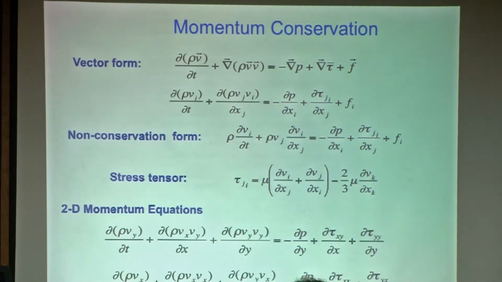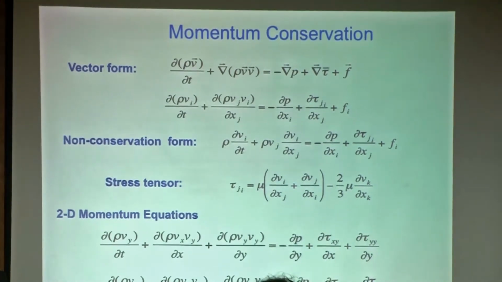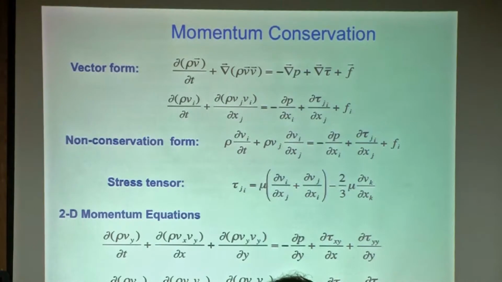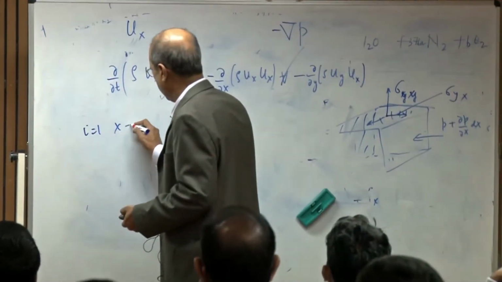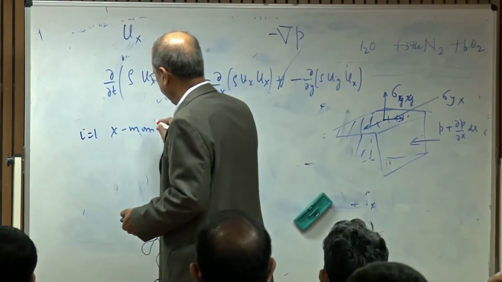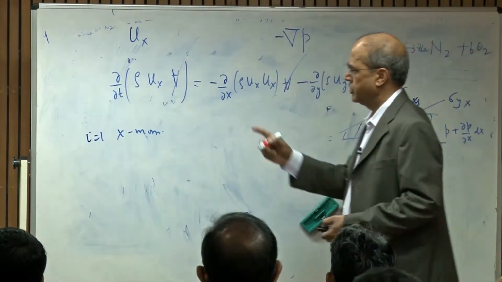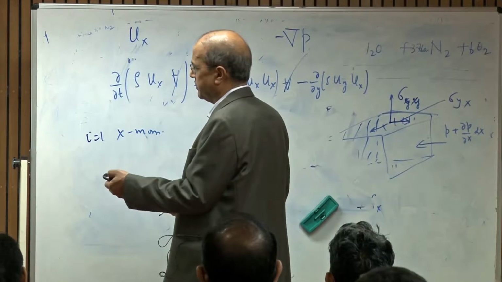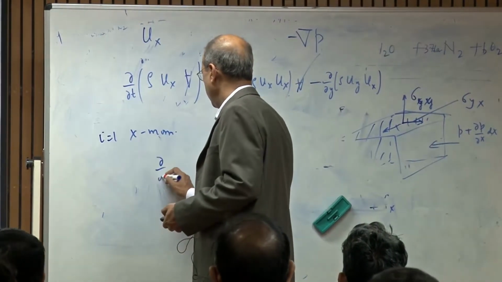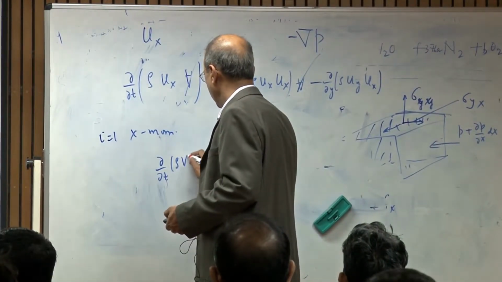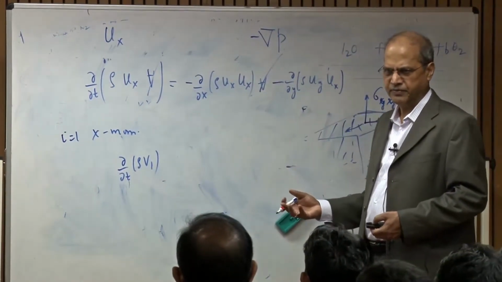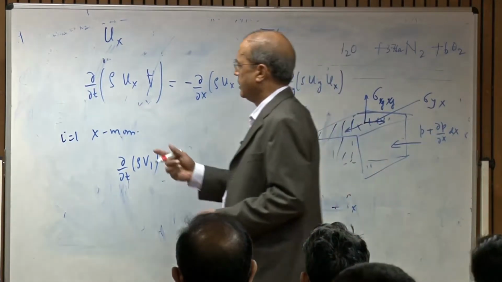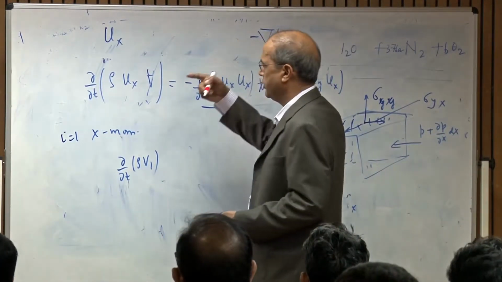So for example here, if I write the x momentum equation, I can say i equal to 1 is the x momentum. Okay. So then if I focus on this equation, it's ddt of rho v1. So now v1 is the velocity in the x direction. Okay. And these terms are written on the left-hand side.